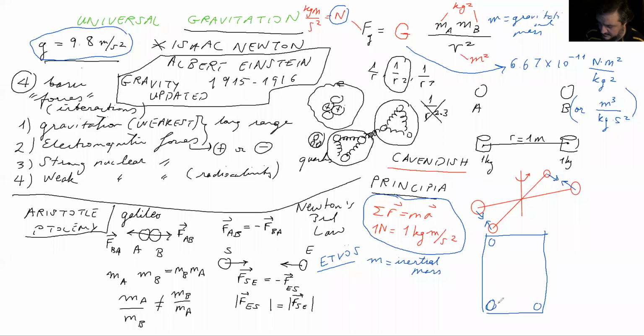Now, this vector represents the attraction of this billiard ball on this. Similarly, this one will attract that, another arrow for that. So this ball will be attracted up this way by this one. Similarly, the one in the corner will attract this.